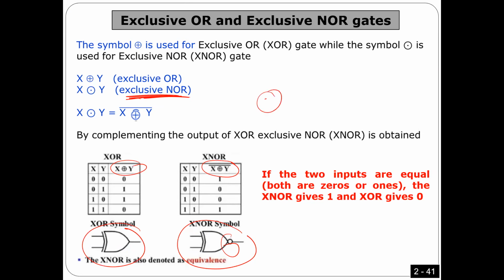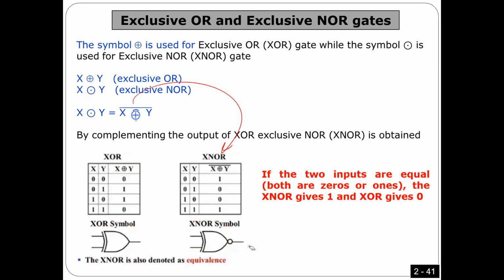The symbol for exclusive NOR is this one with a dot here. It's actually exclusive OR, inverted. That's why I asked you to correct this one here. This was a typo, which was not consistent with this one.